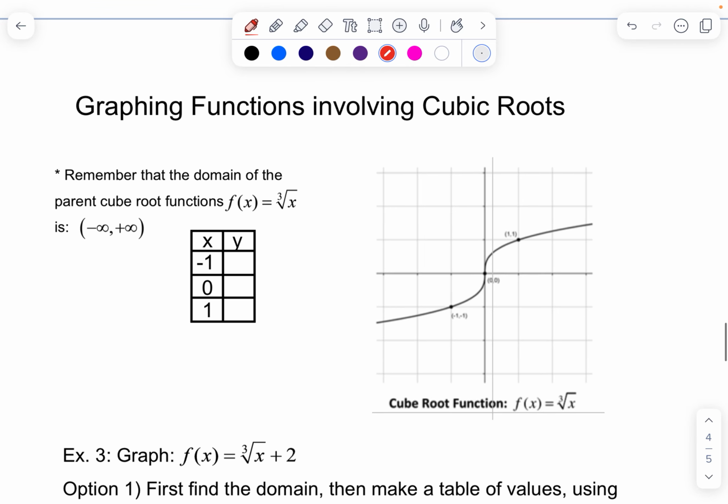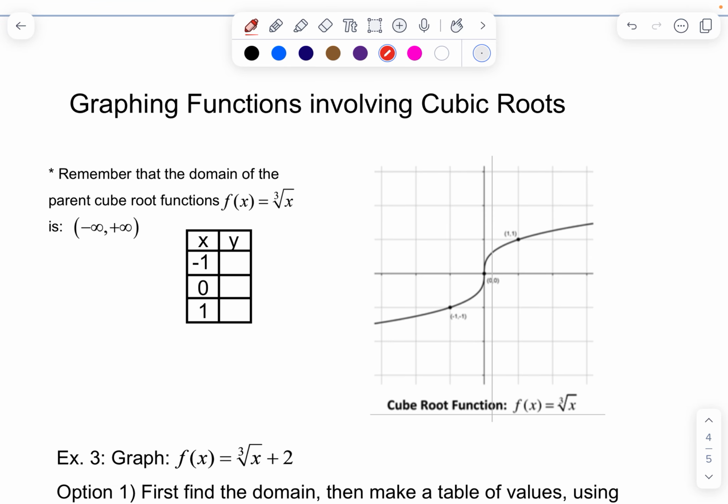Let's say I want to graph a function involving cubic roots. Well, once again, let's remember that the domain of the parent cube root function of f of x equals cube root of x is negative infinity to positive infinity. There are no restrictions here. When x is negative 1, wait a second, how can I have a negative? Because it's an odd index.